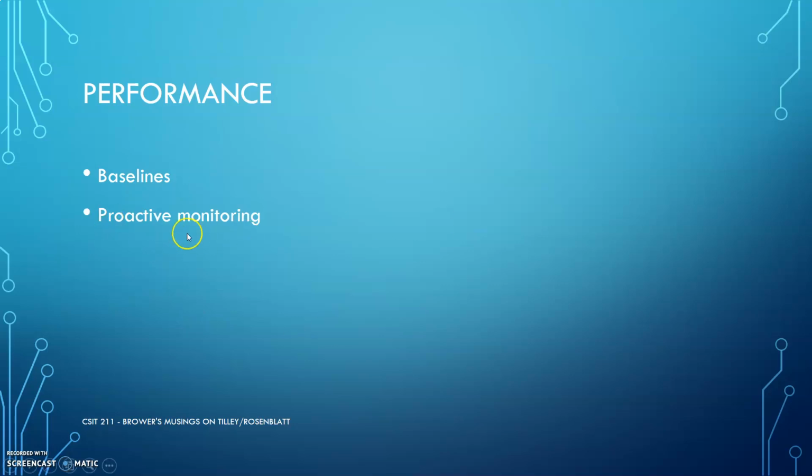And so proactively, they should be taking a look at whether the entry of data is starting to take a little bit longer. Then maybe they need to address, well, why is it taking longer? Is there a problem? Is there a bottleneck in the system? Are we just dealing with more data? But we need those baselines to know whether something is really going slower or not.